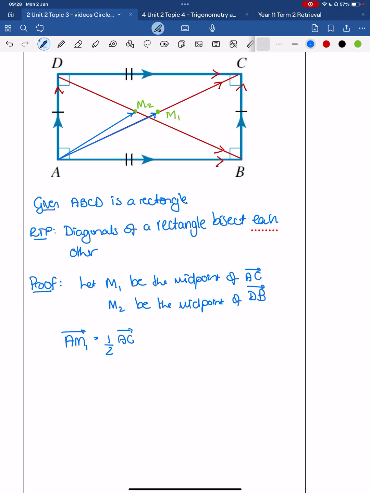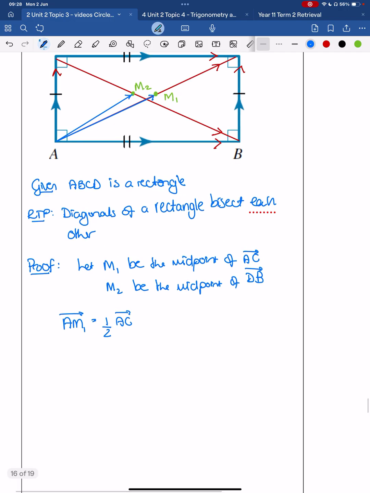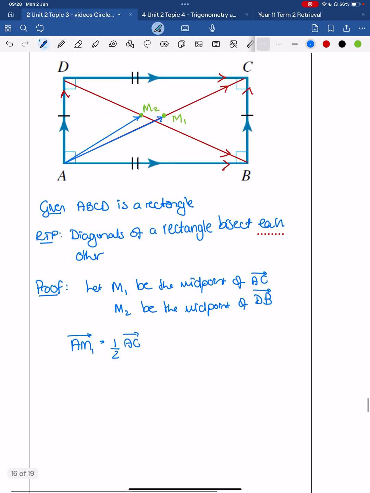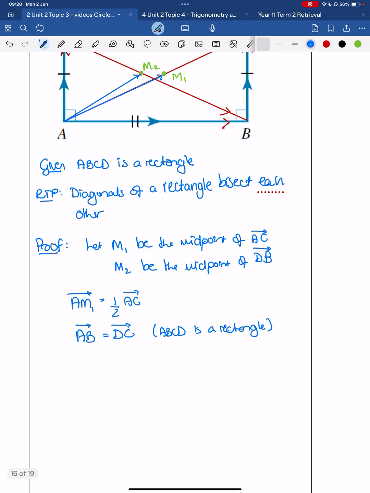Okay. And I know that AB equals DC, because we've got a rectangle. It's one of the properties. So I'm trying to relate AC, AM1, AB, and DC to each other.